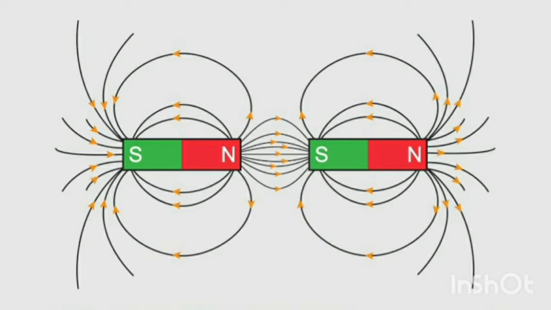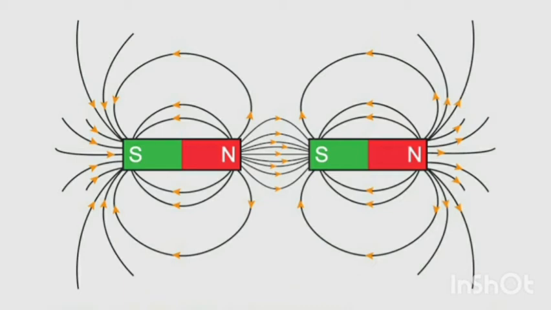And the next point is, if the magnetic field lines are close to each other, then it means that the magnetic field is quite strong. If the space between the magnetic field lines is large, that means it is weak.